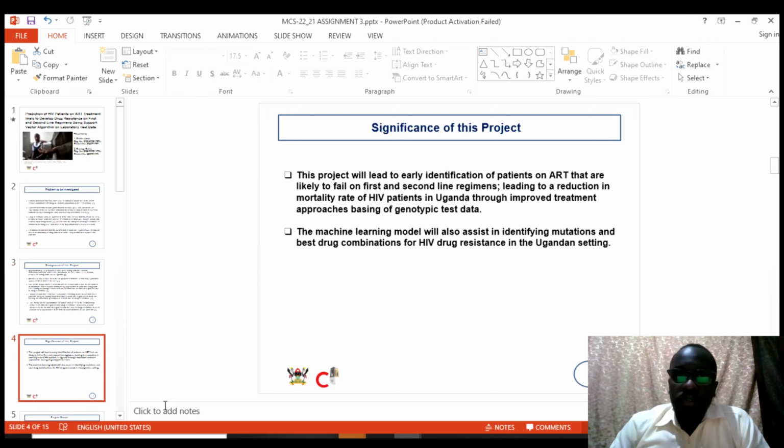So, the significance of this project. The model will help us identify early the patients that are likely to fail on the regimens, basing on lab test data, putting aside the clinical data which involves behavior.